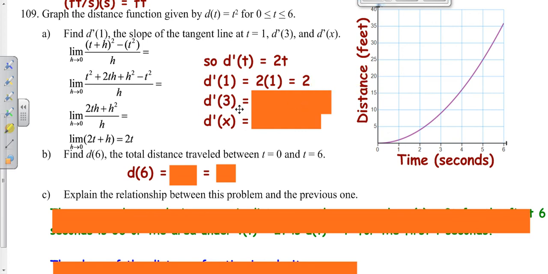Then we got to take 3 and plug it into the slope of our tangent line, which is our derivative function right here. So it'd go 2 times our 3, and we multiply and we get 6. Now it says we got to go ahead and plug in x. So we got to go 2 times x, and we get 2x.